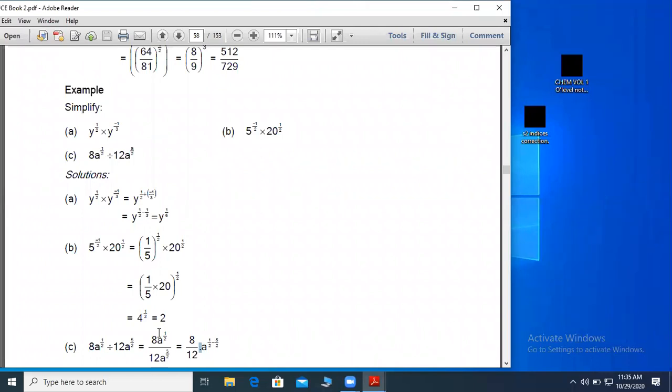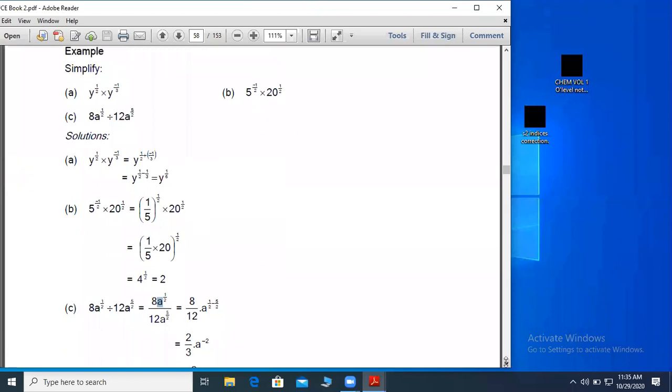Now, we are dividing indices which have the same base. We have a to the power of half and a to the power of 5 over 2. So we write one base, which is a, and we subtract the powers, a half minus 5 over 2.